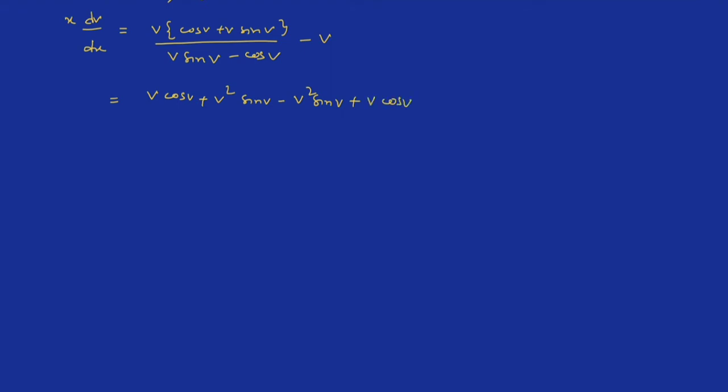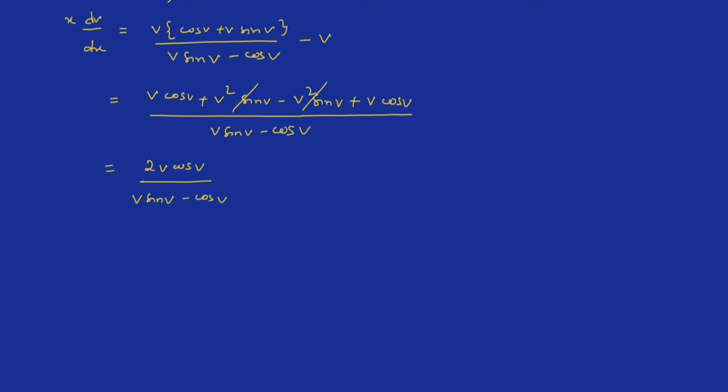Whole divided by v sin v minus cos v. Now here plus v square sin v and minus v square sin v get cancelled, which is equal to v cos v, it becomes 2 times v cos v. In the denominator, v sin v minus cos v.